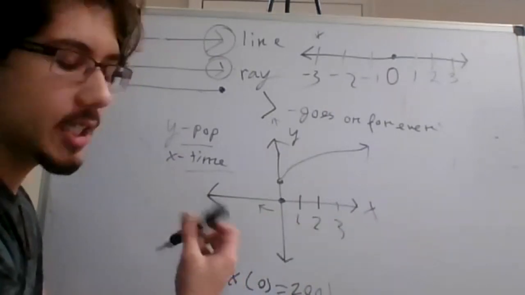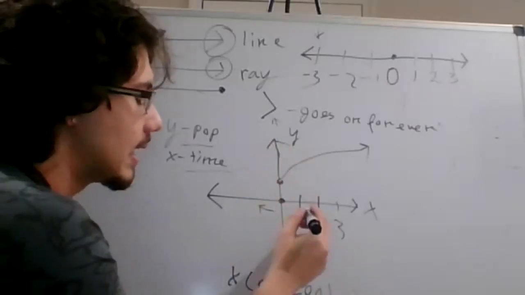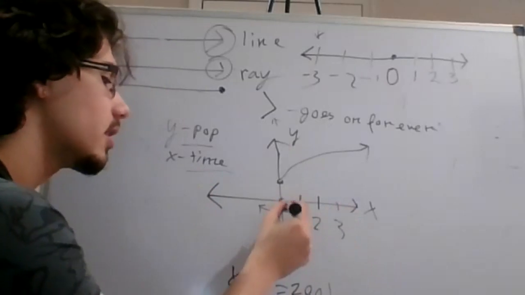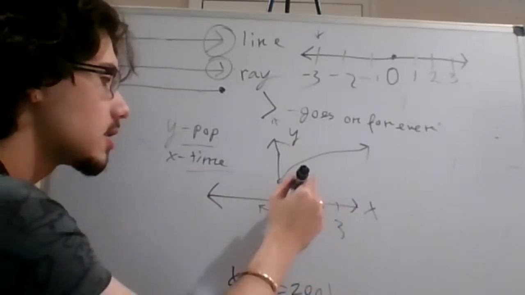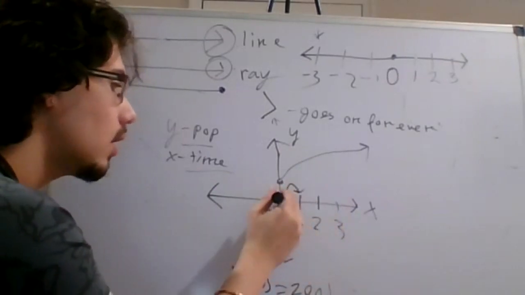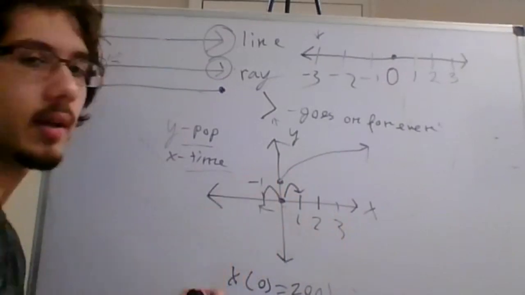Maybe Miss Alicia. If our x-axis is time and year 0 is 2001, so this is year 1, which would be 2002, what would it be if we went to year -1?